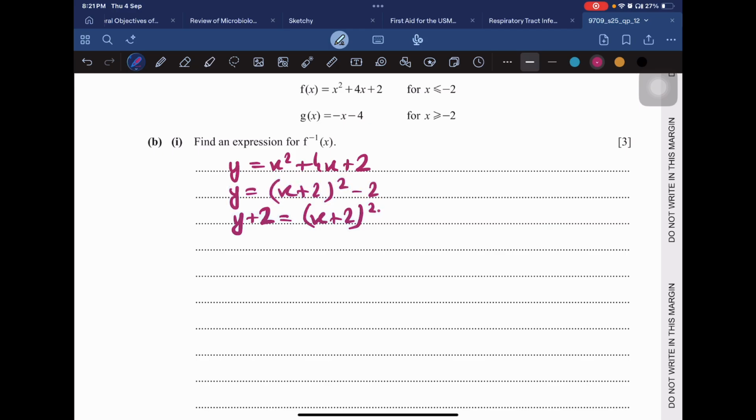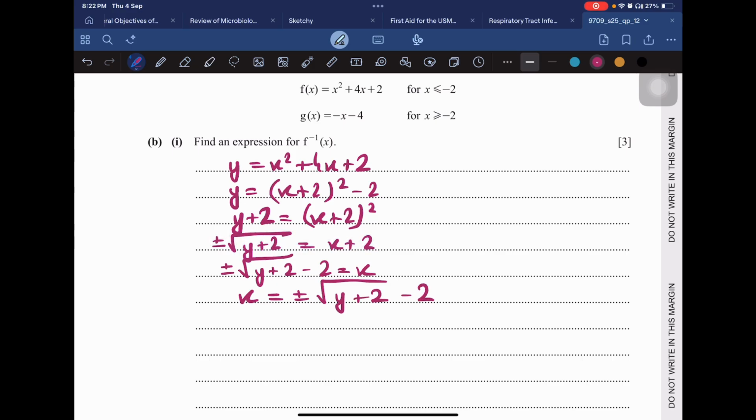Now shifting the square on x plus 2, so this would become root of y plus 2 equals to x plus 2. So shifting 2 to the left, so I can say that it's x equals to plus minus root of y plus 2 minus 2.